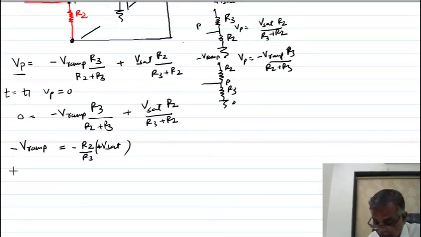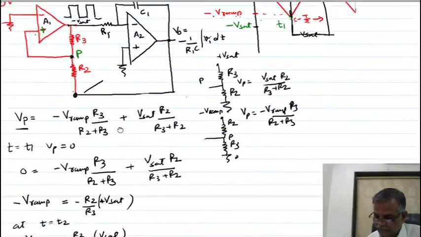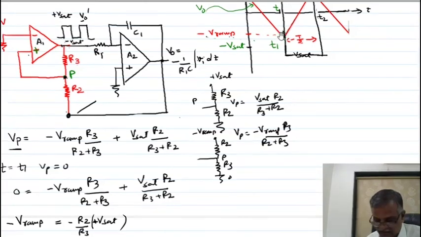Similarly at time t2, I can write V ramp equals R2 by R3 into V set. See here again, at this point the potential at point P crosses 0 and slightly becomes below 0, so here Vp is 0.